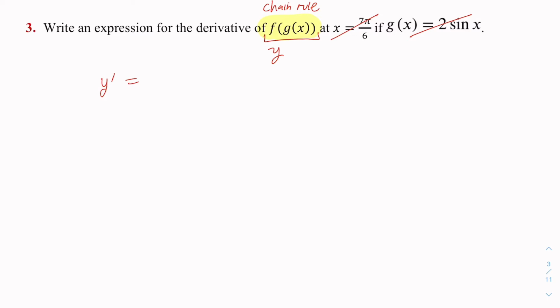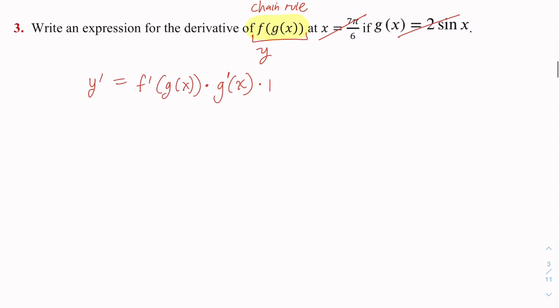So the derivative will be, chain rule says find the derivative of the outside guy first, inside guy stays the same, then multiply by the derivative of the inside guy times the derivative of x, which is just 1. Now multiplying by 1 here isn't actually important, it's not going to do anything for us, but I want you to get in the habit.